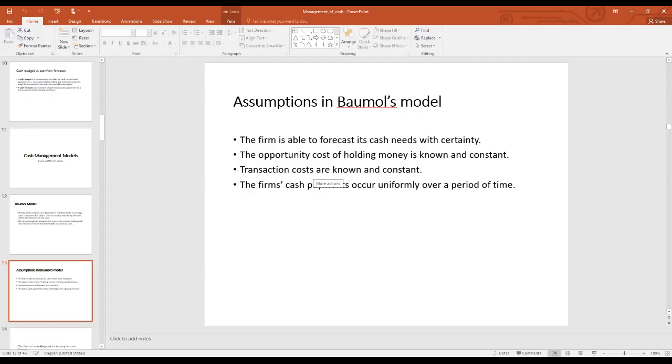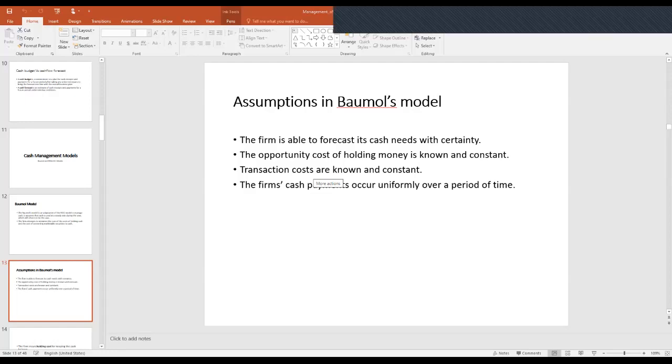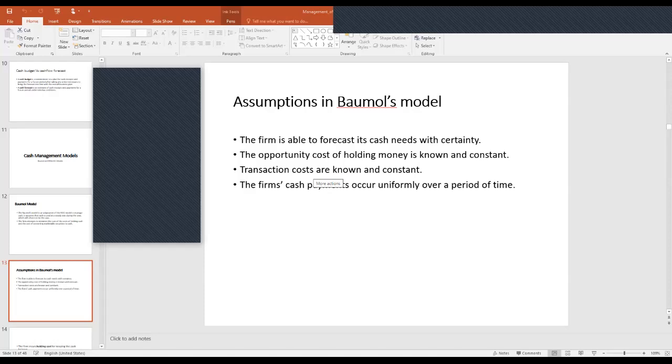By the way, what's the holding cost of cash? What do you mean holding cost? Yes, money has holding cost. Let me just explain. I know it's very easy. What's the cost of having cash at hand?